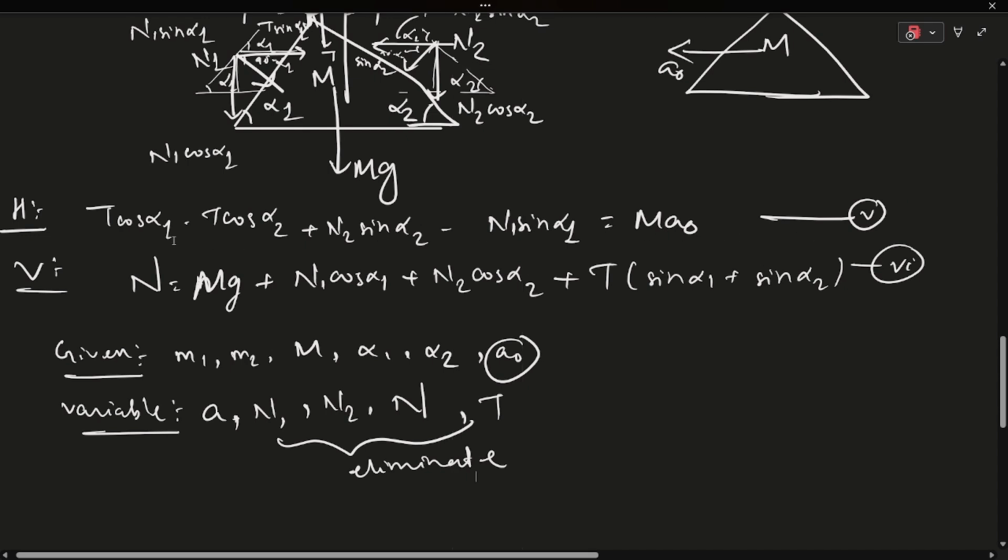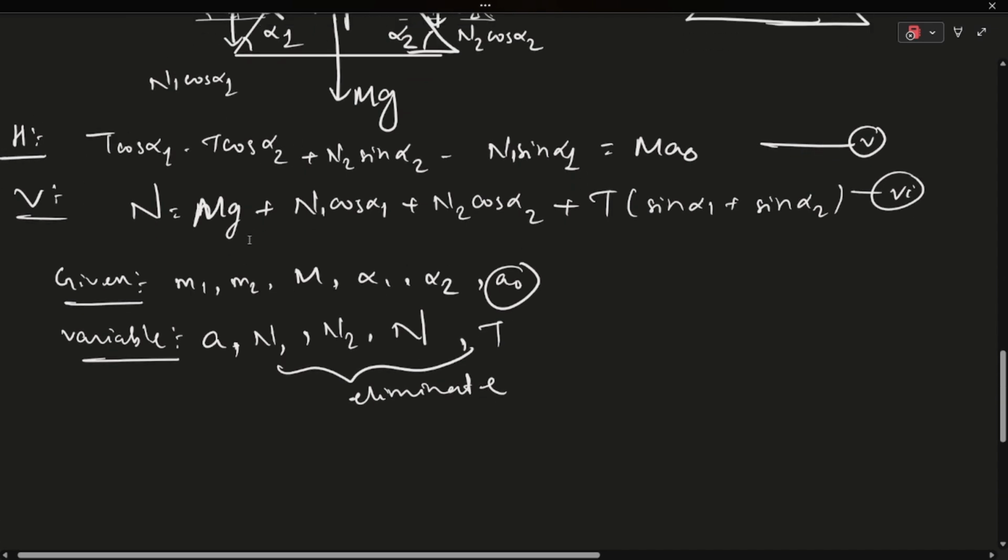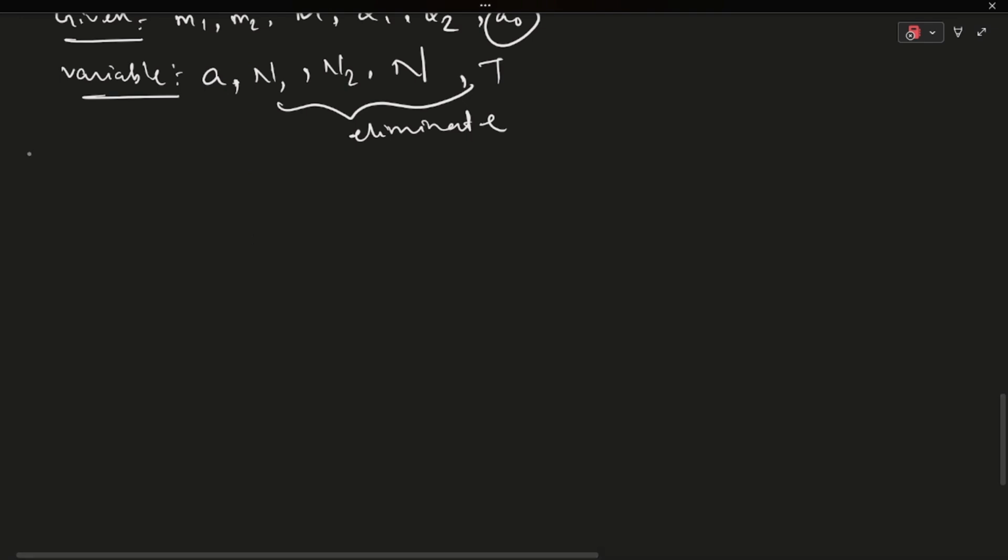In equation 5, T cos alpha 1 minus T cos alpha 2 plus N2 sin alpha 2 minus N1 sin alpha 1. So if we add equations 2, 4 and 5, then the T, N2, N1 components vanish. So let's add equations 2, 4 and 5.